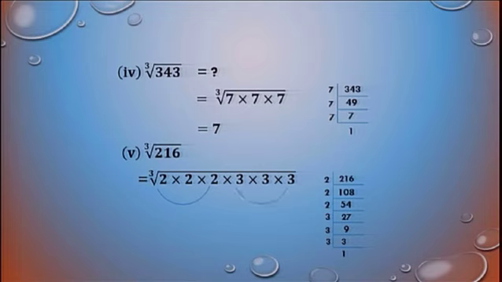Cube root of 216 will be 2 times 3. Remember that I told you while evaluating cube root, whenever we have 3 similar numbers under the cube root, we are going to take only one of them as the answer. We have 3 number 2, we take 1. We have 3 number 3, we take one of them. The answer is 2 times 3 equal to 6.